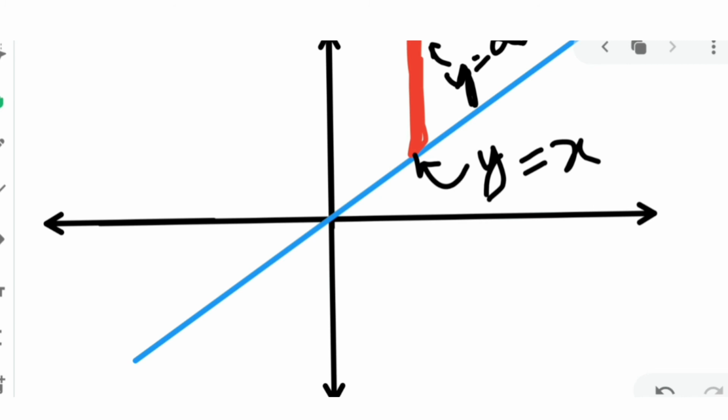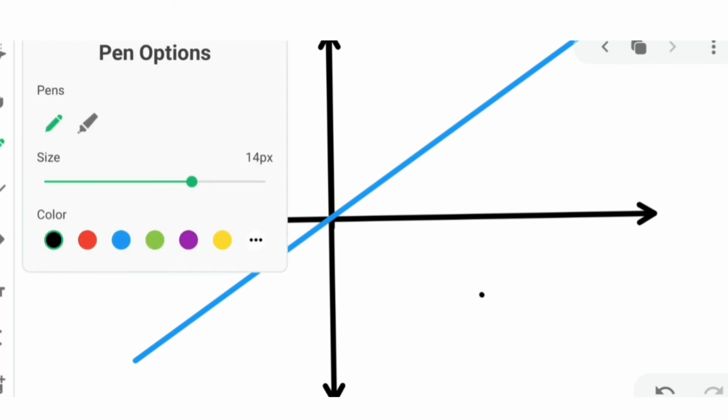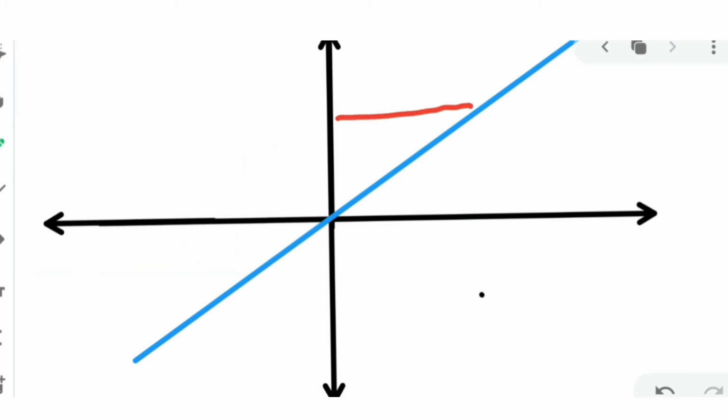So here we will be changing this graph and taking the horizontal strip. This will be the horizontal strip, and now from this we will be extracting the limits of the horizontal strip, and then we will be extracting the limits of the region we need to integrate.